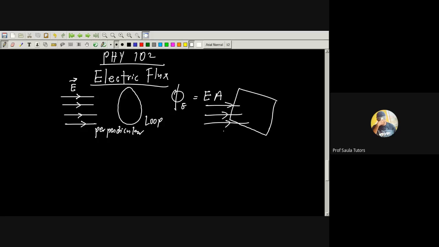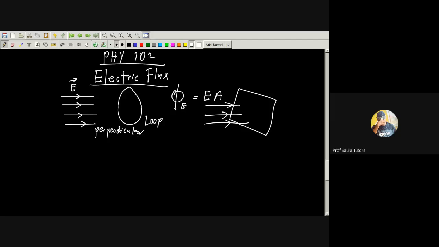It is a measure of how much electric field line penetrates a surface. The amount of electric field line passing through a surface is what we refer to as flux. Now, when it is passing through perpendicularly, this is the formula.